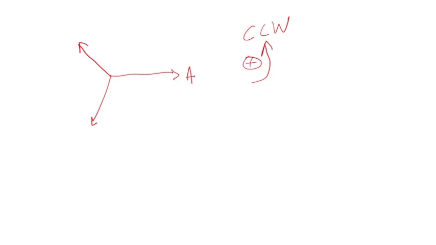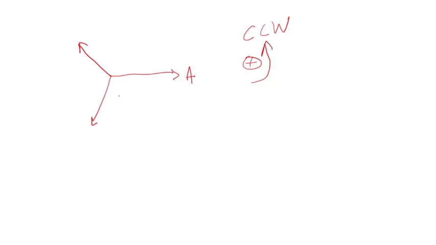So the main thing to remember is, if we assume positive rotation is counterclockwise, which is universally a convention, then just draw phase A as your reference, and you have A, B, C, and if they are balanced, they are apart by 120 degrees. That means one phase will be here and one phase will be here.